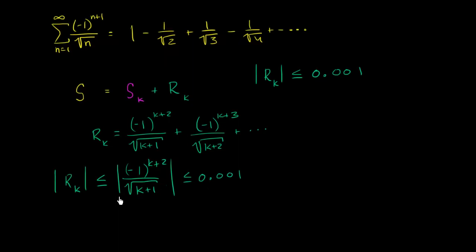Well, once again, I'm assuming you've had a go at it. And the key realization here is that this negative 1 to the k plus 2 makes this whole thing either positive or negative. The denominator is definitely going to be positive for all the k's for which the principal root is defined, and obviously these are all positive k's as well. So the numerator here just flips the sign. We flip between negative 1 or positive 1.